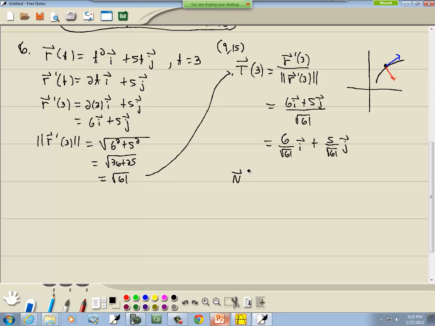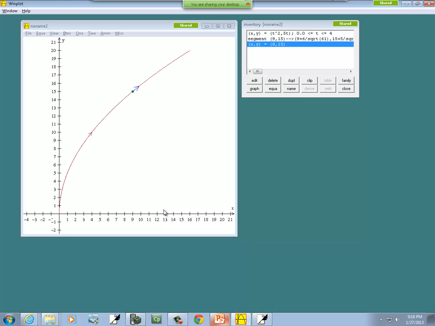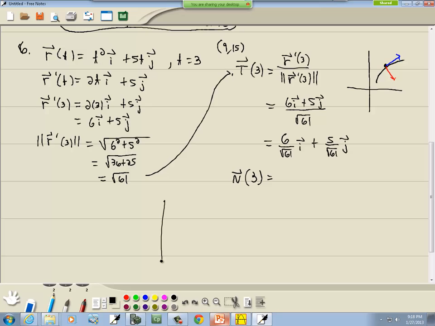our normal vector at 3 is going to be the same values. We just have to think which way it's curving in. Let me see. So I have my tangent going that way. So this is going to be going this way. Well, see how the x is positive and the y is positive for my tangent?